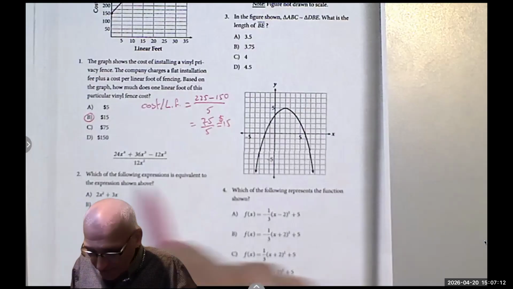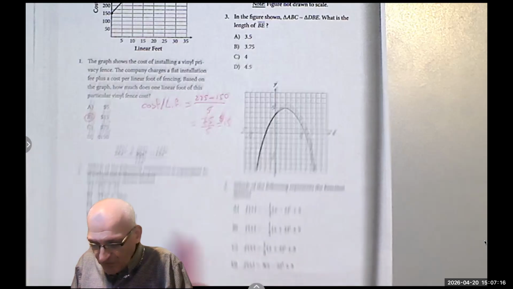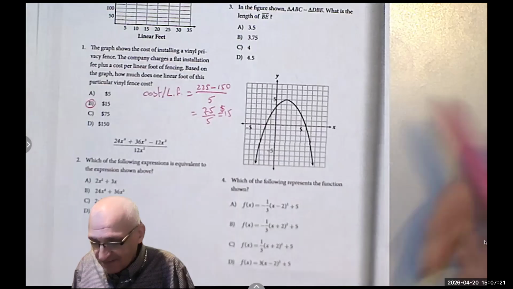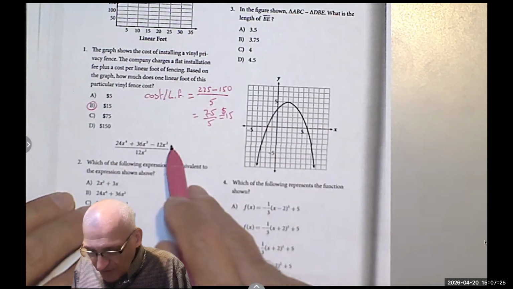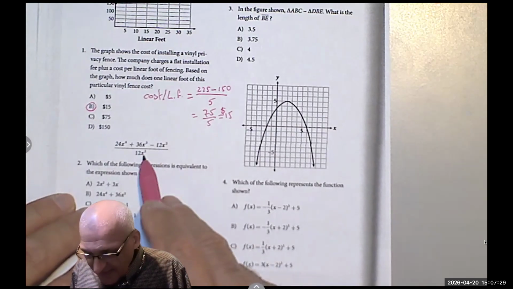The second one, which of the following expressions is equivalent to the expression shown above? If you look carefully, in fact, just by looking, I see the answer. Why? Because the numerator, all the numbers are divisible by 12, like the denominator, and this is x squared.